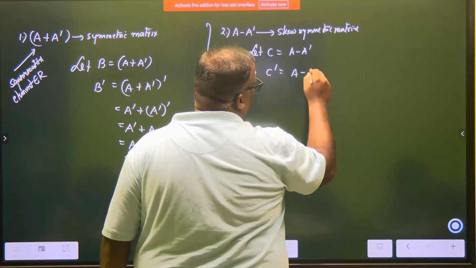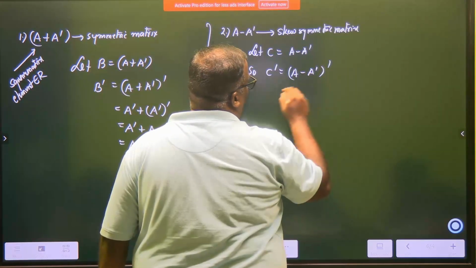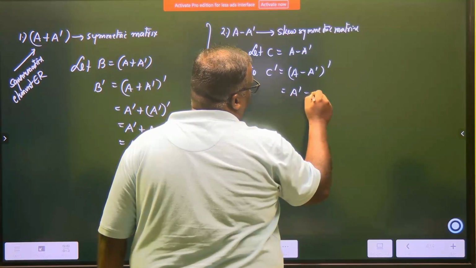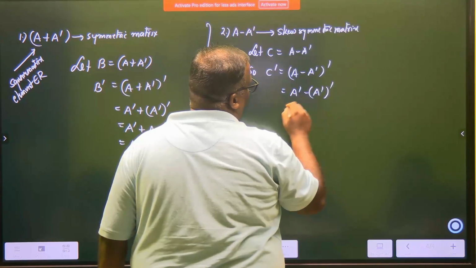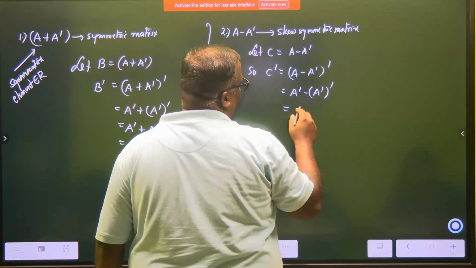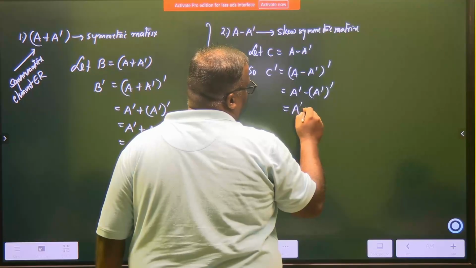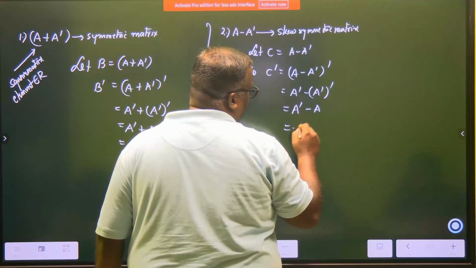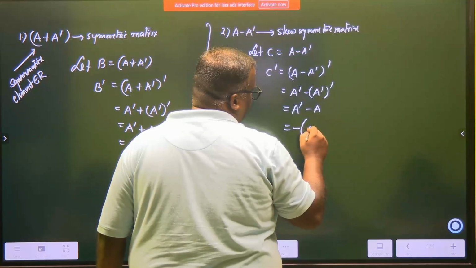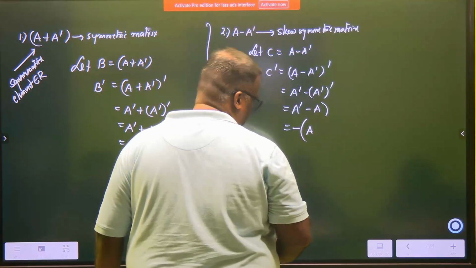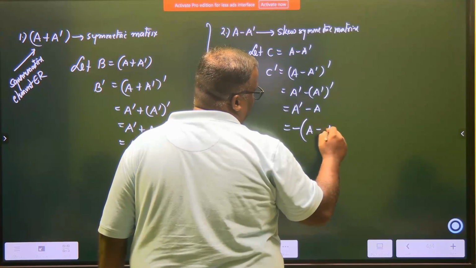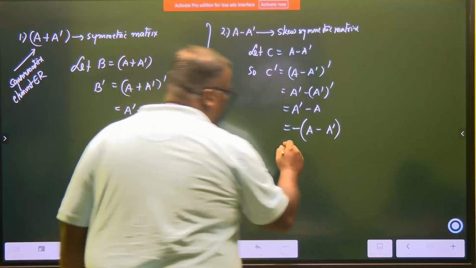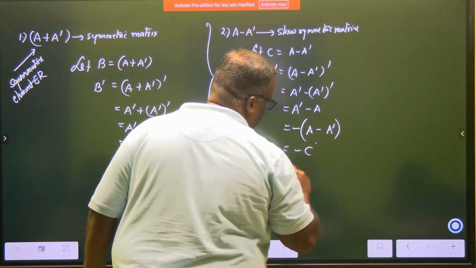A minus A complement, whole complement, which is equal to A complement minus A complement whole complement, which is equal to A complement minus A. Now this can be written as, put a negative out here. Can I not write it as A minus A complement? And is this not negative C?